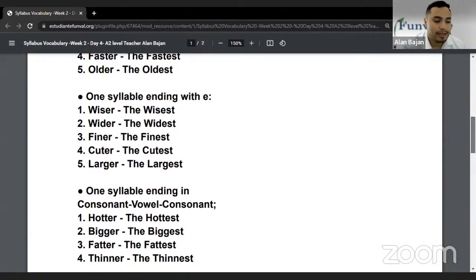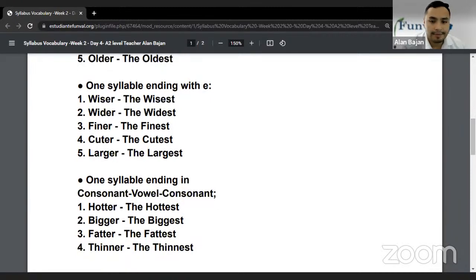1 syllable ending with E. Again, the adjective has only 1 syllable.